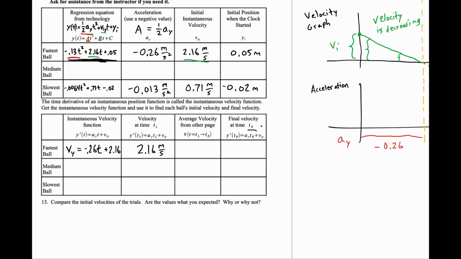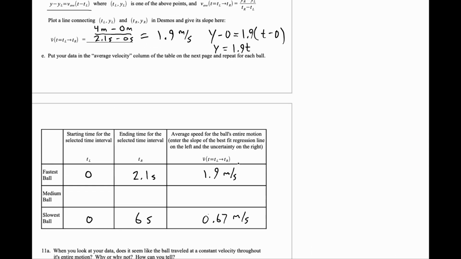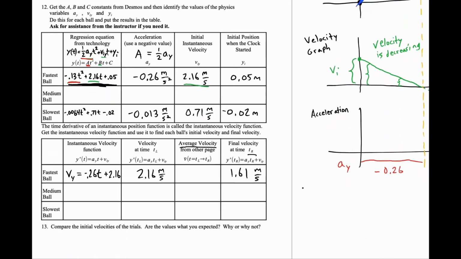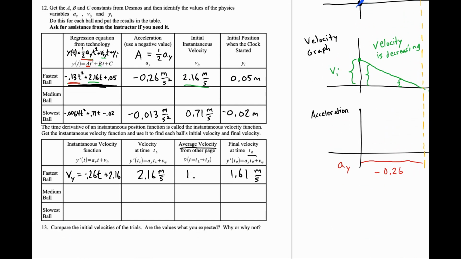So I get 1.61 meters per second. Now, what was the average velocity from the other page? Let's go back. 1.9. So isn't that cool how the average is between the two extremes?